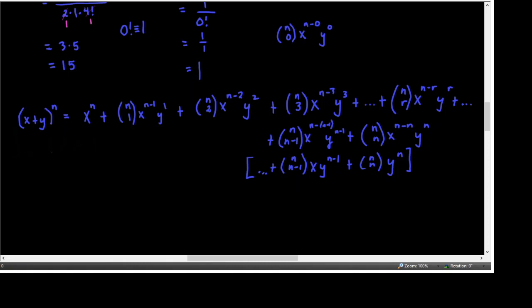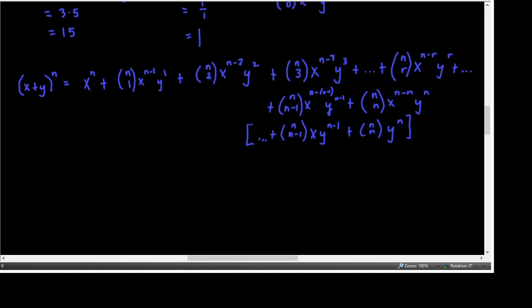Now that's kind of unwieldy and not that easy to memorize. You might notice that it's always going to be in the form, see this general term over here that I wrote? That's the form that they're all going to take. The number n will be the power of your binomial. In the original problem, that's what n is, that power.